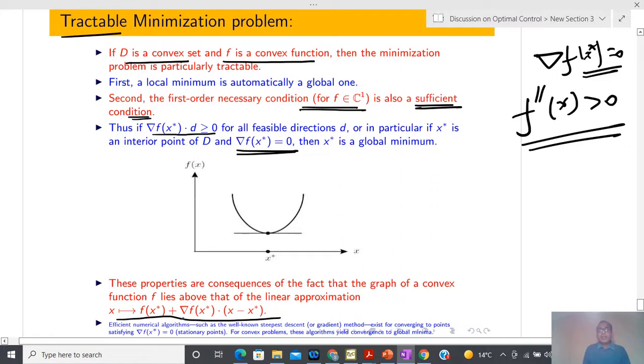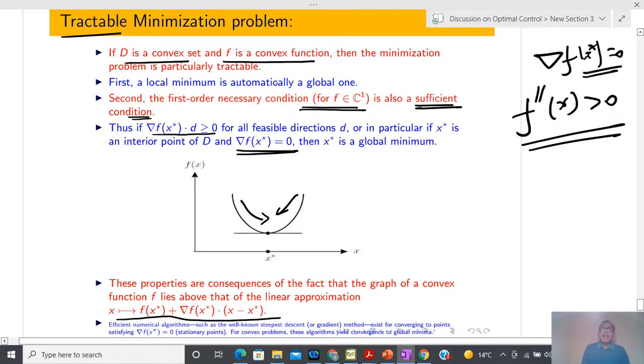Here I know that delta f(x) and x minus x star, which you can define as d, is greater than 0, and due to that I can say I can always move towards the global minimum point. All algorithms, steepest descent or gradient methods, are basically based on this idea only.